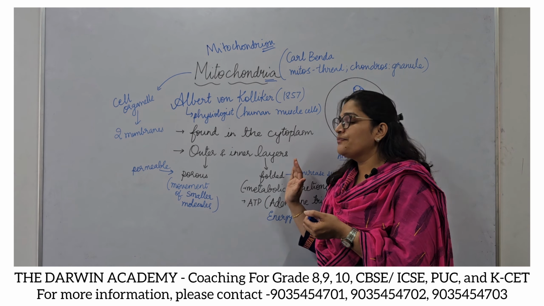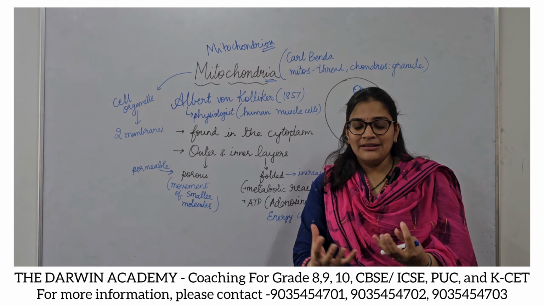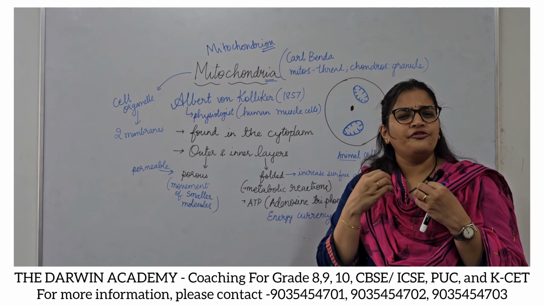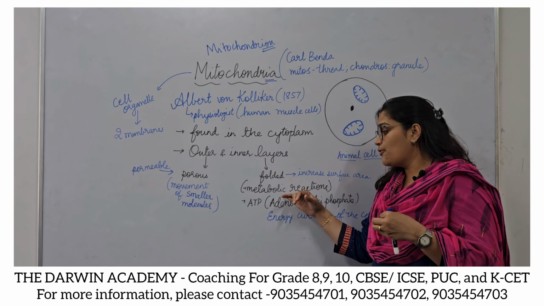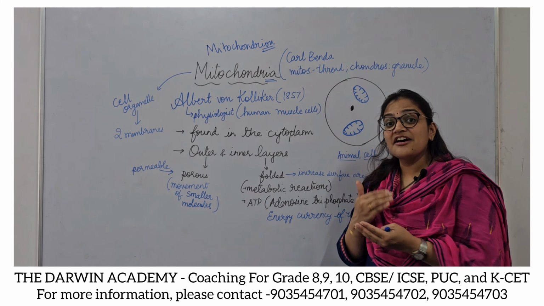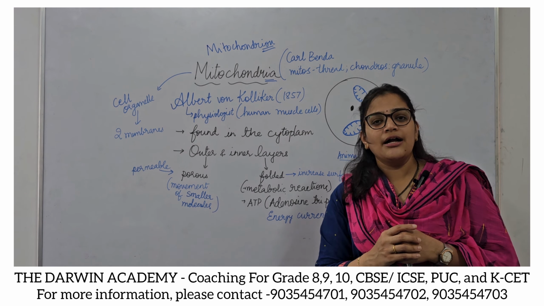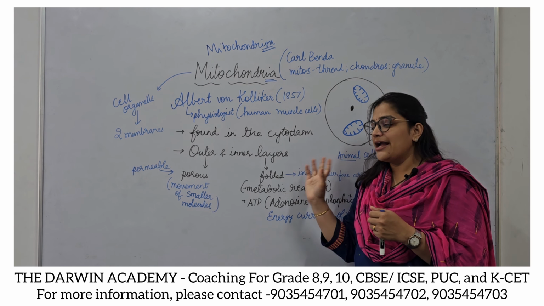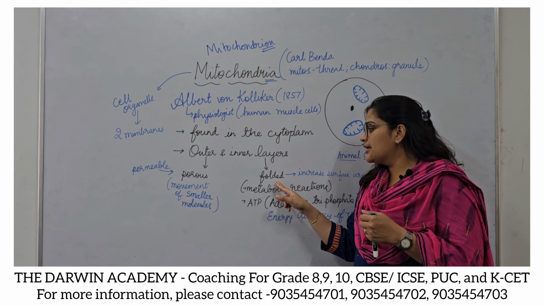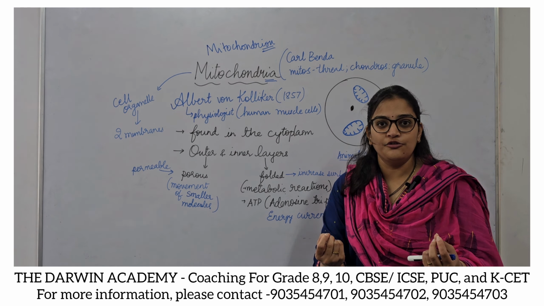Within the mitochondrion, the inner layer, a lot of chemical reactions, metabolic reactions that are required for the cell occur. If the surface area is more, then more number of reactions will occur. So that is the main idea why the inner layer of the mitochondria is folded.